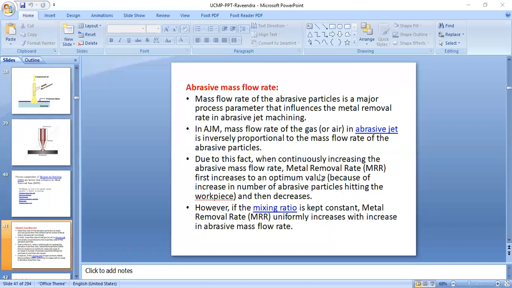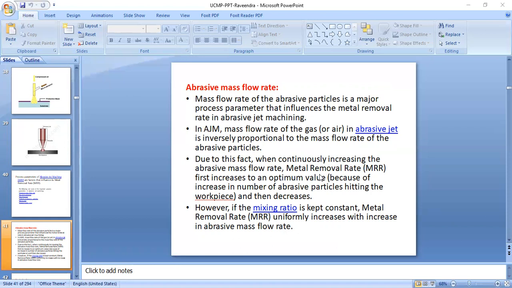Abrasive mass flow rate. The mass flow rate of the abrasive particles is a major process parameter that influences the metal removal rate in abrasive jet machining. In abrasive jet machining, the mass flow rate of the gas or air in the abrasive jet is inversely proportional to the mass flow rate of the abrasive particles.